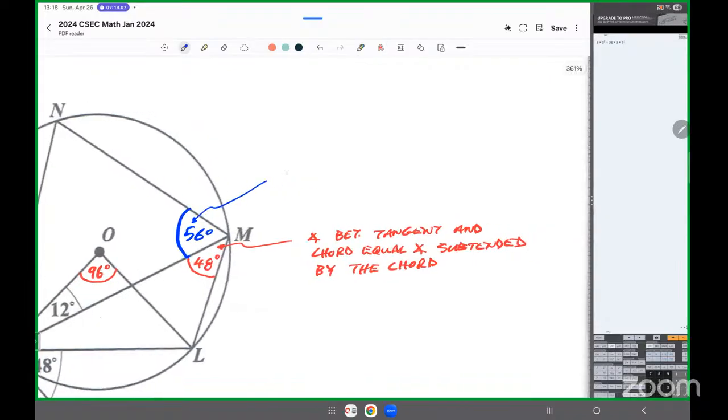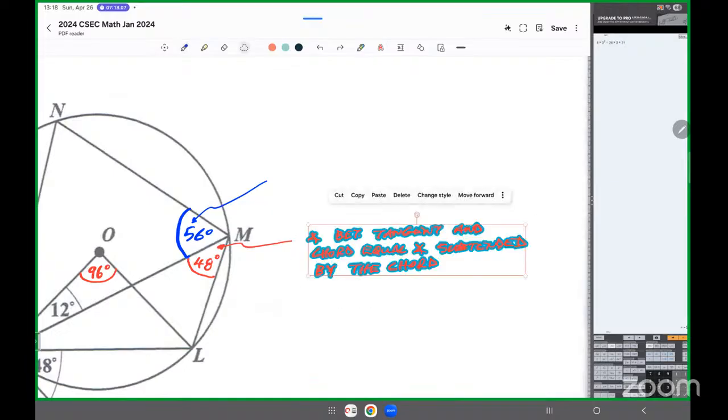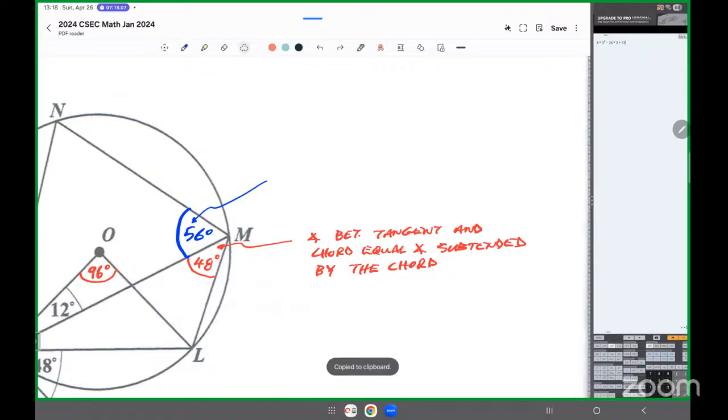I'm going to tell them about this one first, that this is because, again, the same reason as this. So we can just copy this one, tangent and chord, paste it here, and change it to blue.